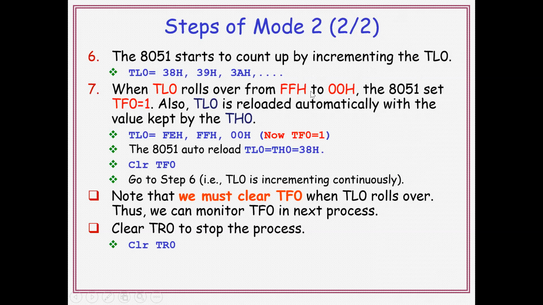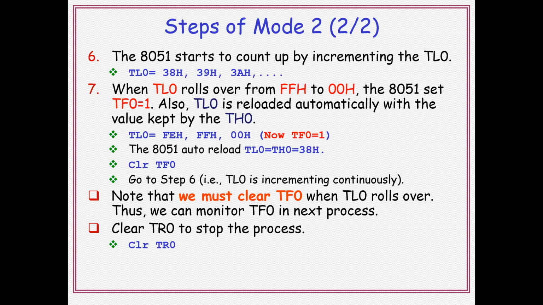Beyond this FF, we get the overflow condition, so the overflow flag TF0 is set here. Also, TL0 is reloaded automatically with the value kept in TH0. This point was already discussed: whatever value is available in TH0 is automatically copied. This is the internal operation of the timer.